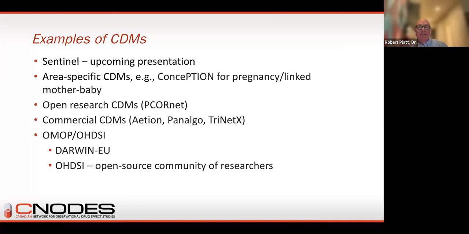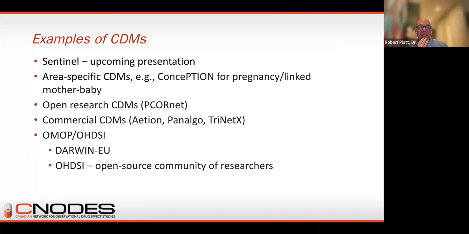There are commercial ones where individual companies have created their own common data models and are working with their own software. And then there's OMOP and Odyssey, which is a large group of researchers. We talked a little bit about this before. And the OMOP common data model has this standardized mapping approach.